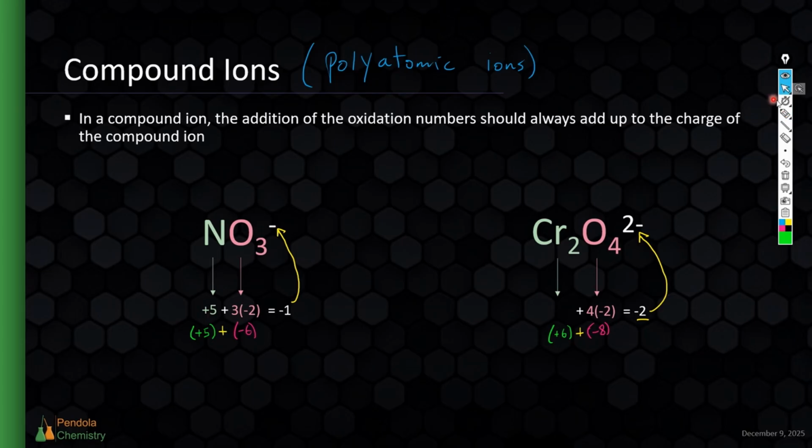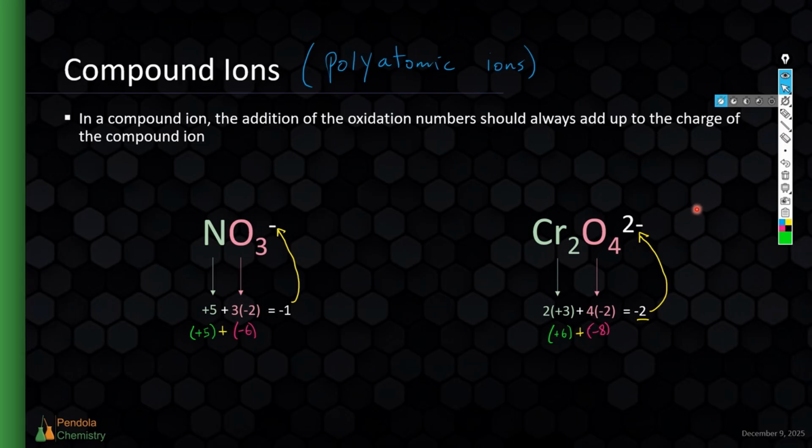If the chromiums overall have to be +12 and there are 2 of them, then each chromium needs to be +6. Because +6 for each chromium times 2 chromiums gives us +12, and then -2 for each oxygen times 7 oxygens gives us -14. 12 plus -14 gives us a -2 overall charge. And so that's how we assign the +6 oxidation number to chromium and the -2 oxidation number to oxygen.